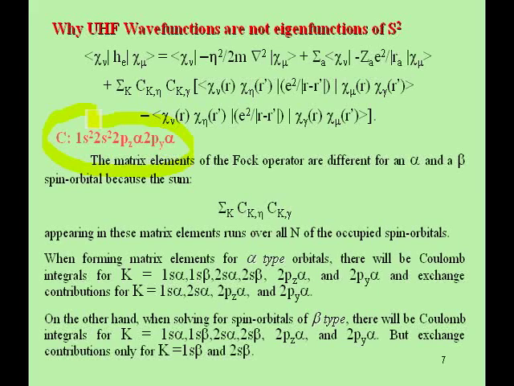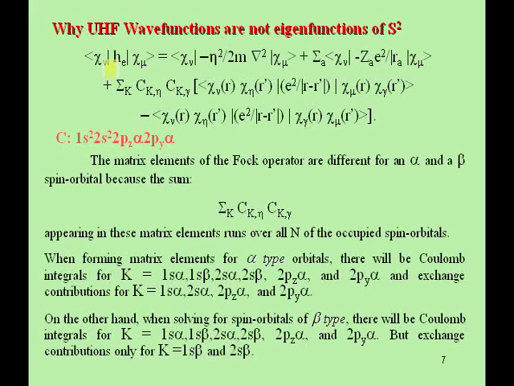The way the Hartree-Fock procedure goes there is you form a Fock matrix for the alpha world and a Fock matrix for the beta world. Out of the Fock matrix for the alpha world, you will get the MO coefficients and orbital energies appropriate for the alpha orbitals, and out of the beta matrix, you'll get orbital energies and MO coefficients for the beta orbitals.